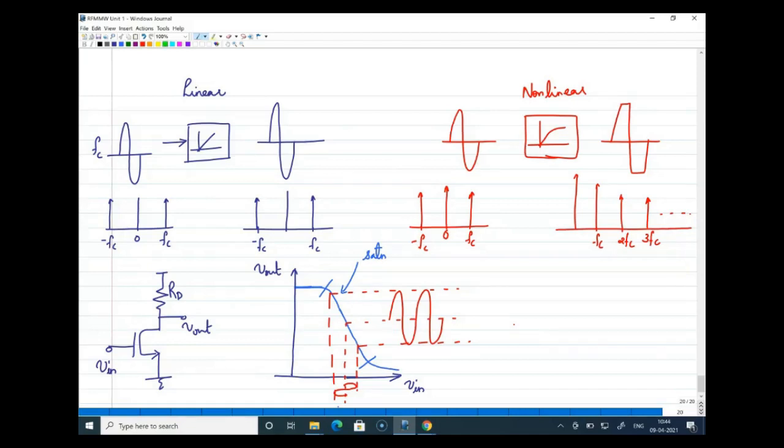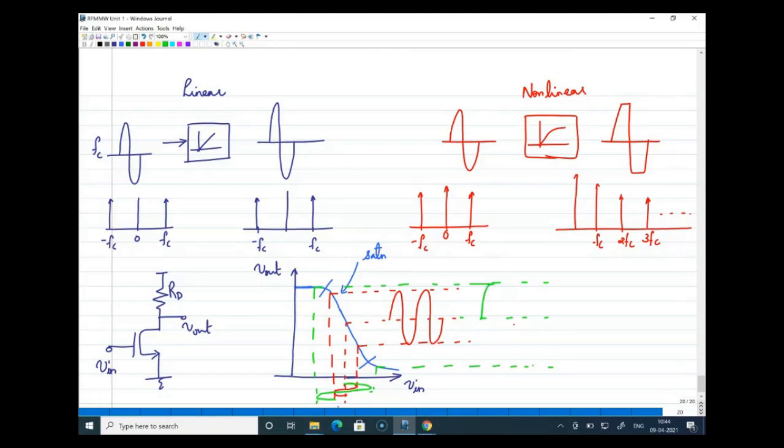Now, say if you are giving a larger input here, what happens for this larger input? When you look at the output, your output can get distorted, because this is your output DC level, but only till this point is the segment linear, or the transfer curve is linear.